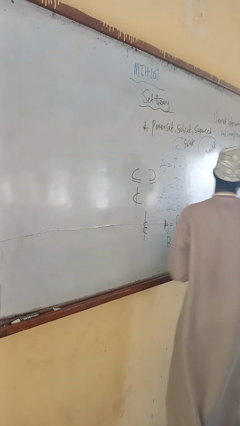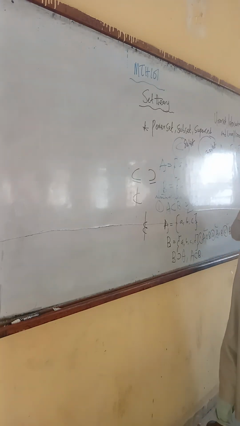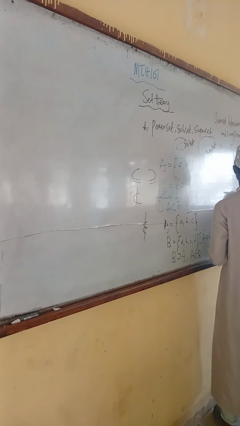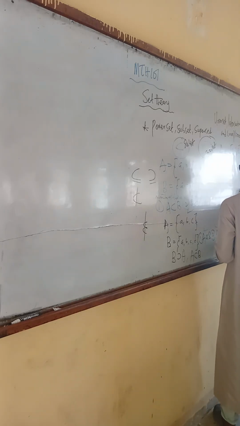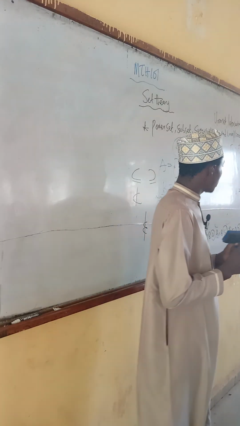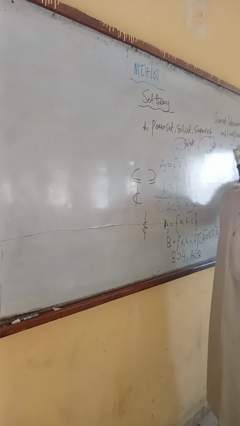So mathematically, you just collect letters from this place. If your A union B is expressed like this, that means number of A intersection B will be equal to number of A plus number of B, minus number of A union B. Yes, because this formula you'll be using to solve problems.